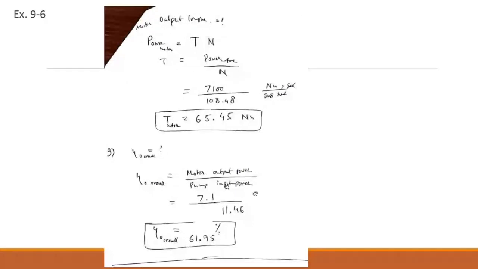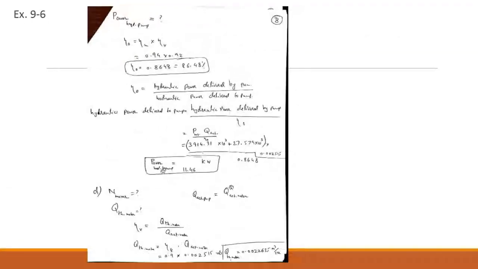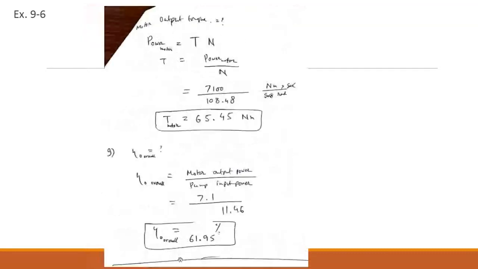So pump input power was calculated as this one. So 11.46 kilowatt of power was given to the pump, and at the end, the power that it received for use of work was 7.1 kilowatt. You see the difference. So 11.46 and 7.1.